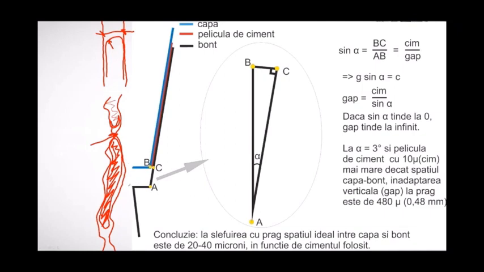And maybe this free space extends to the margin of the crown, and then that's it. The microbes from the oral cavity will move freely in between your abutment and your crown, even if it is cemented.